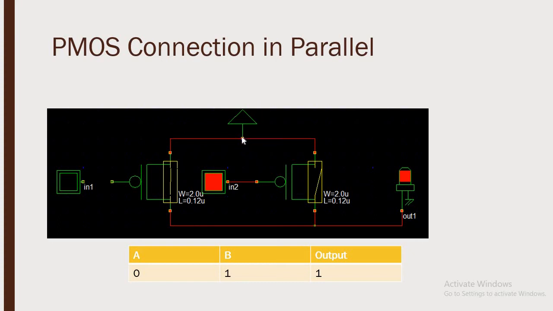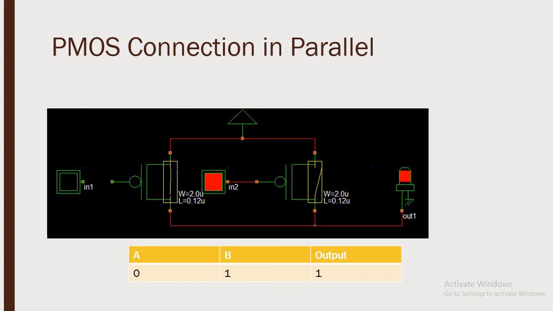And the first PMOS is providing the path for this voltage to pass from PMOS 1 to the output, meaning current is flowing from this point through PMOS 1 to the output. So in this case our output will be 1. So students, you should notice that in case 1 when we have input 0 0 we have output 1, and in the second case when we have input 0 1 the output is also 1.